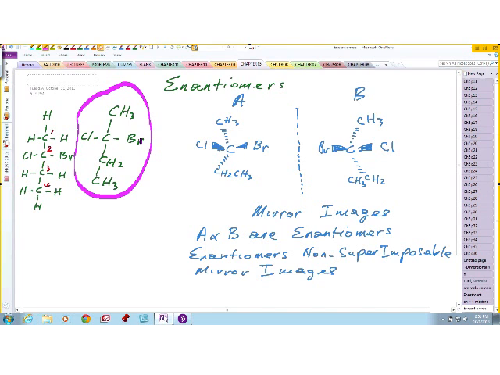This is a two-dimensional representation. Now, what does this tell you? Actually, we do call this a Fischer projection. This is very important, so listen very carefully. We are going to be using this throughout this chapter. Now, what does this Fischer projection tell you?